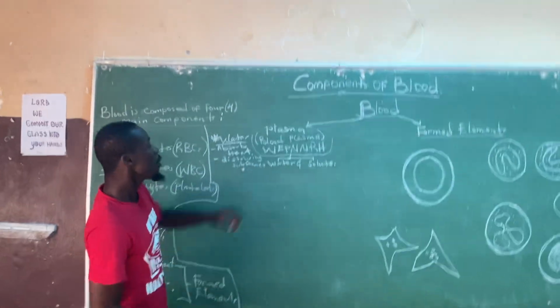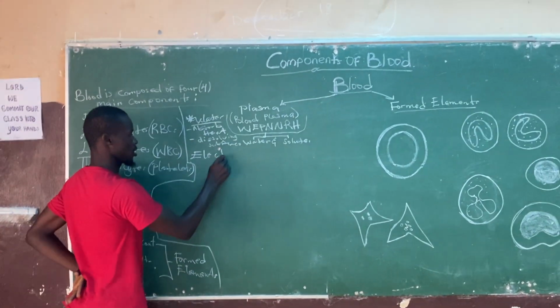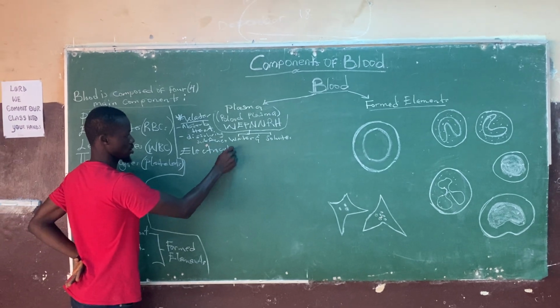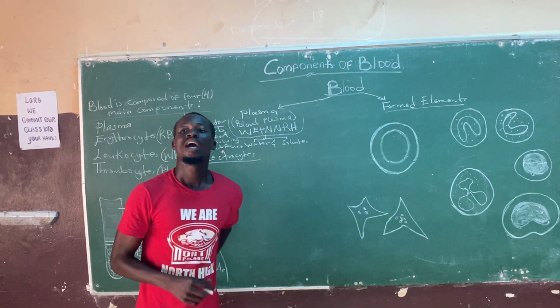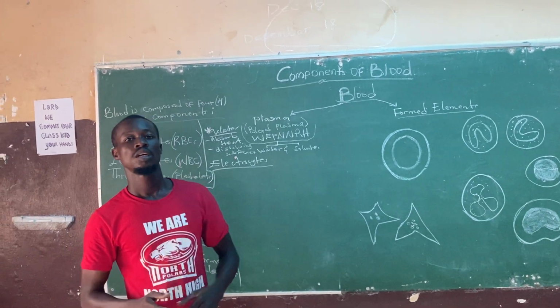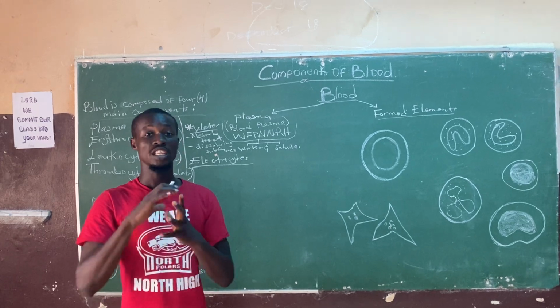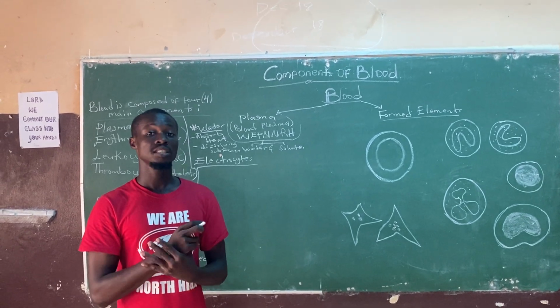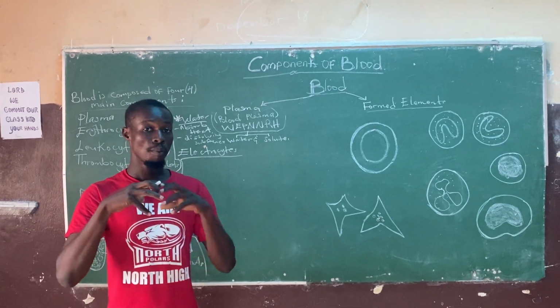Now, the E here represents something called electrolytes. What are electrolytes? Electrolytes are substances that conduct electricity when they are dissolved in water. In the human body, electrolytes are minerals that we consume, and they form part of our body.